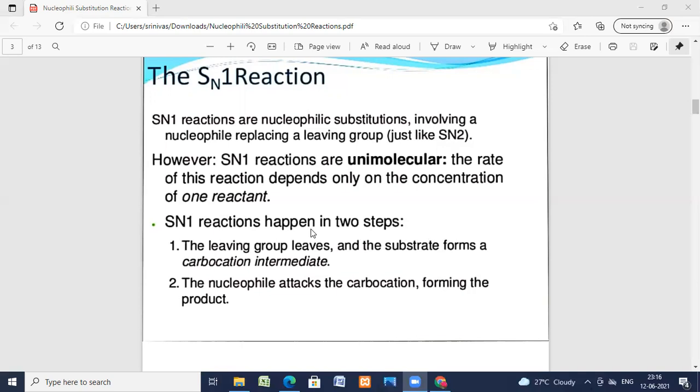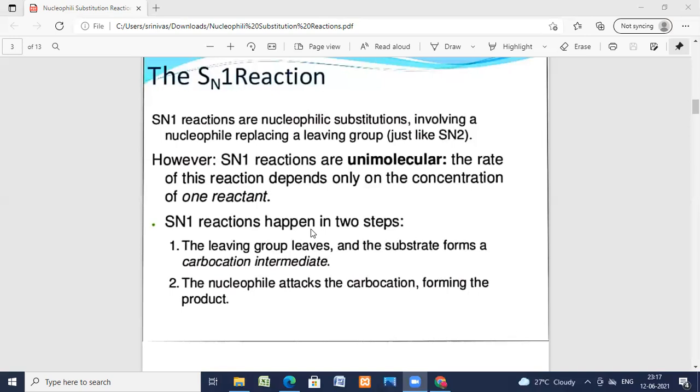In the SN1 reaction, the tertiary alkyl halides undergo this type of mechanism. It involves two steps. Consider the hydrolysis of tertiary butyl bromide with hydroxide. First, the halide will leave and the carbocation is formed.